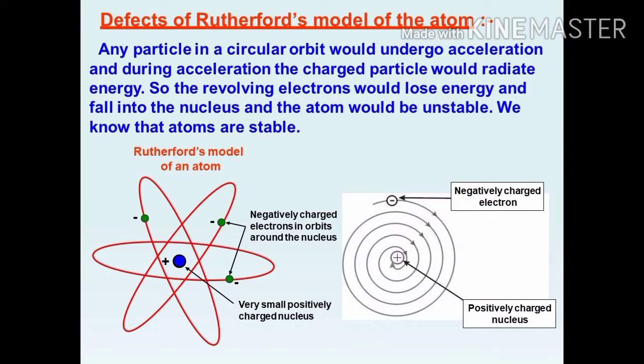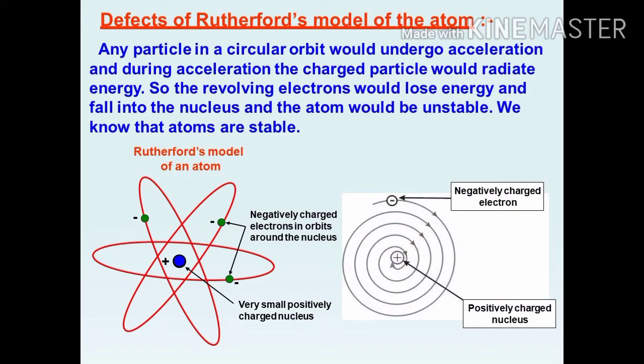Today we are going to discuss the defects of Rutherford's model of the atom. The revolution of the electron in a circular orbit is not expected to be stable. We studied that atoms are stable in nature. Defects mean demerits.